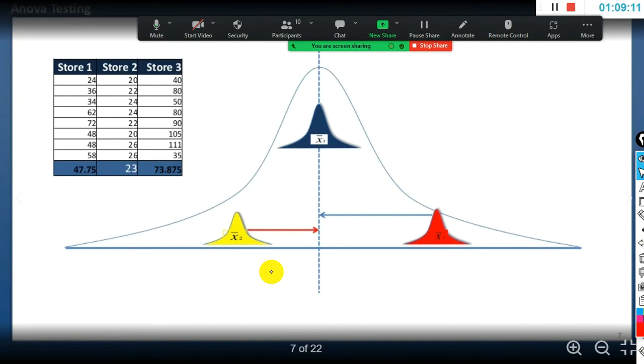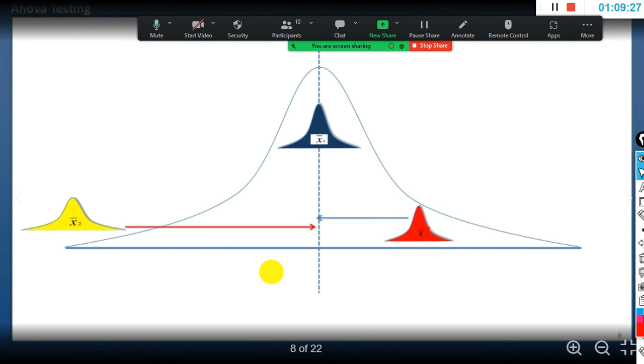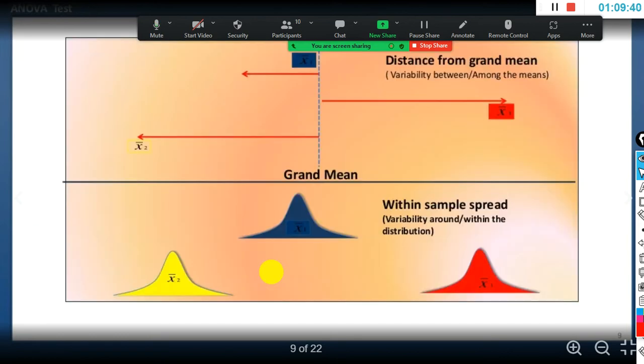Here the x2 bar mean is way less than 47.75, whereas this one is way more. How far is each store's mean from the population mean? That is what we need to find out. And there are situations where this mean is completely far away, which means this sample is not coming from this population.